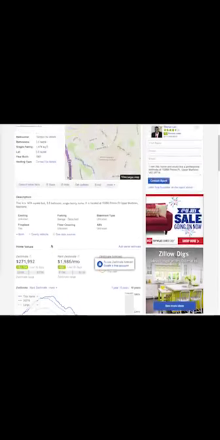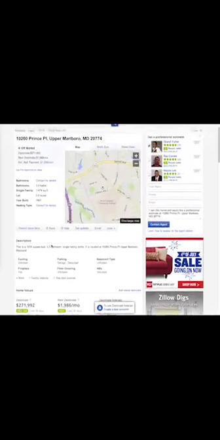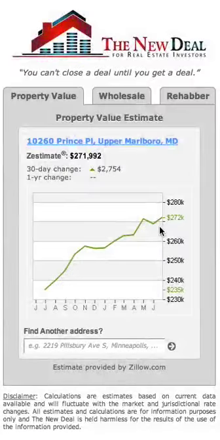It's a really fantastic tool here. You will see that right now the estimated ARV on this house is $271,992, and that the value of the home has gone up about $2,700 in the past 30 days. This is great information to have, right?